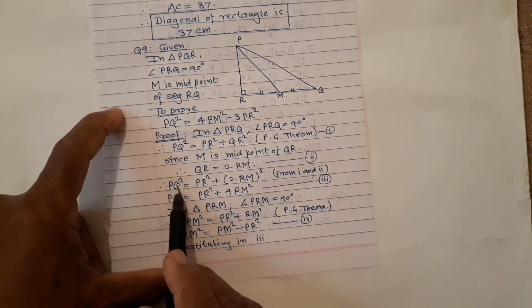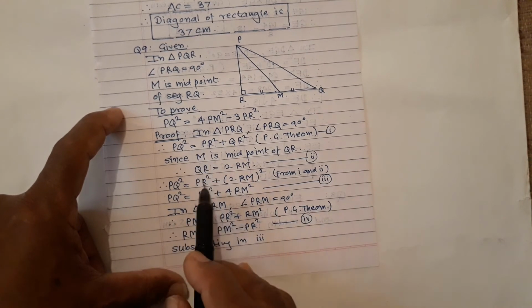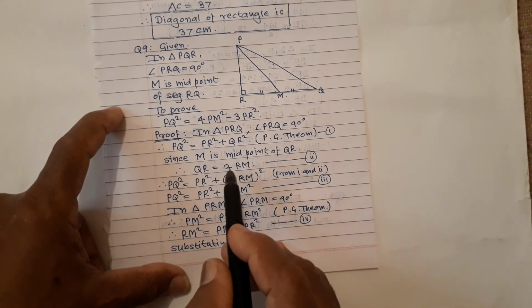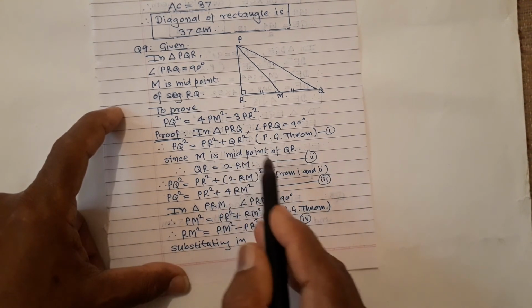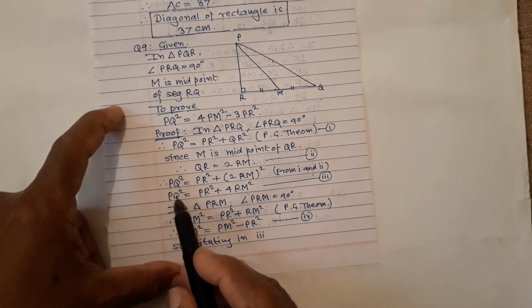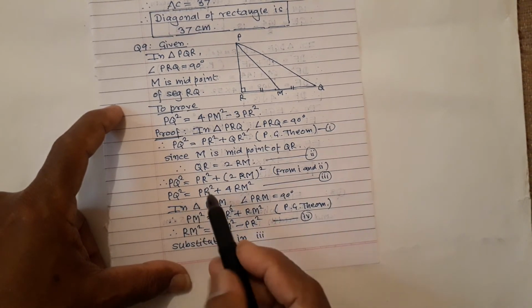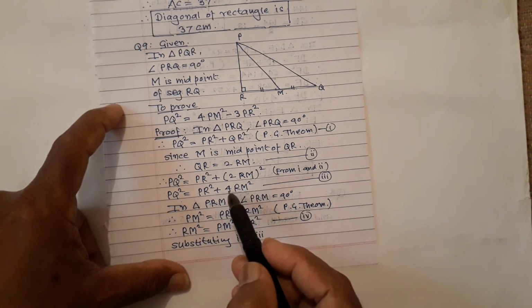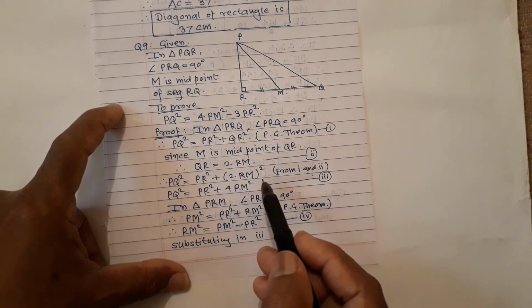So PQ square is equal to PR square plus, for QR you write down 2RM and square, from 1 and 2, and therefore PQ square is equal to PR square plus the square of this, which is equal to 4 RM square.